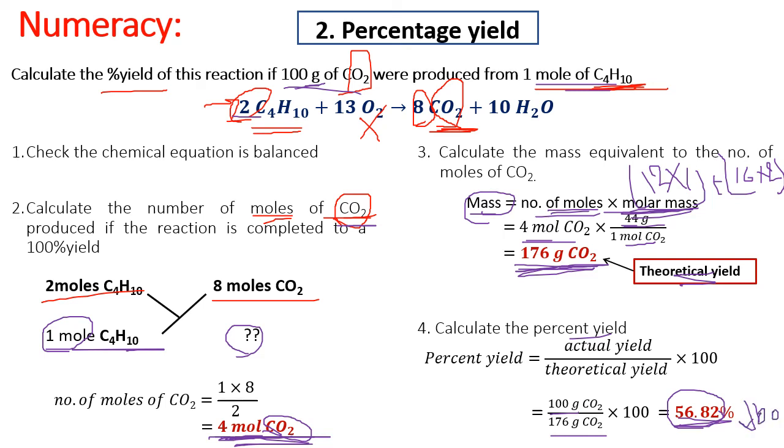This experiment is not that efficient. Maybe we need to change the process, or we need to change the conditions. Maybe we need to heat more, we need to use a catalyst, maybe we need to check for impurities, maybe we need to do better handling. You can write whatever you want as an interpretation in order to interpret this low yield.